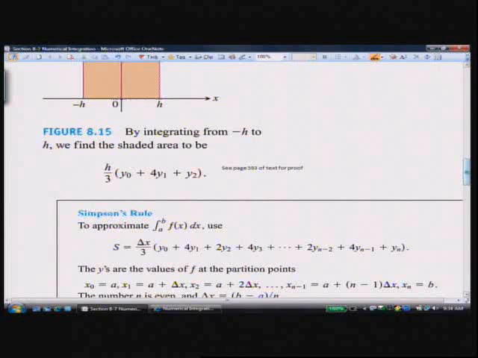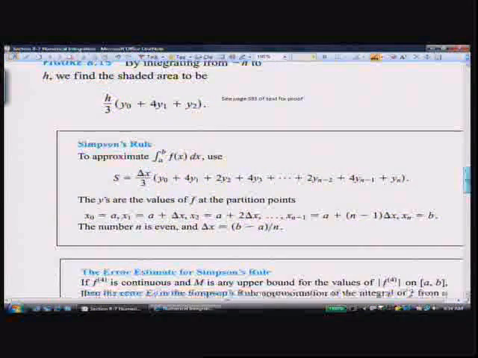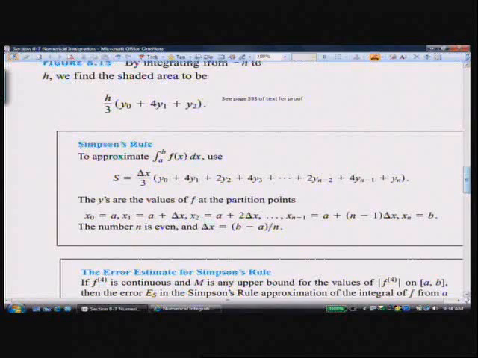Well, after a little thinking about shoving a bunch of parabolas in there, you will find that Simpson's Rule is to do delta x over 3 times the first value, y naught, plus 4 times the second value, plus 2 times the third, 4, 2, 4. And so it alternates like that, 4, 2, 4, and continues on in that way.